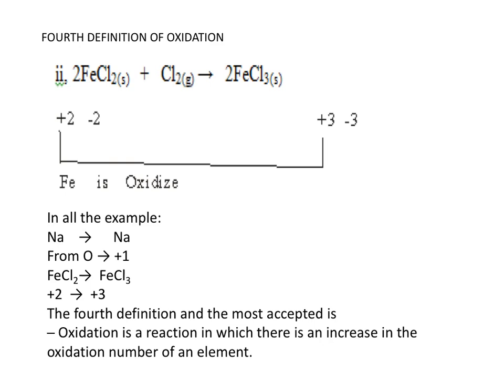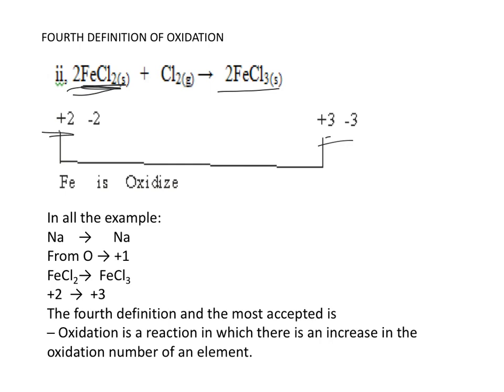Another example, 2FeCl2 plus Cl2 to give you 2FeCl3. Fe ion in this compound has an oxidation number of +2, but in this compound, iron 3 chloride, the oxidation number is +3. So you see that iron was oxidized from +2 to +3.